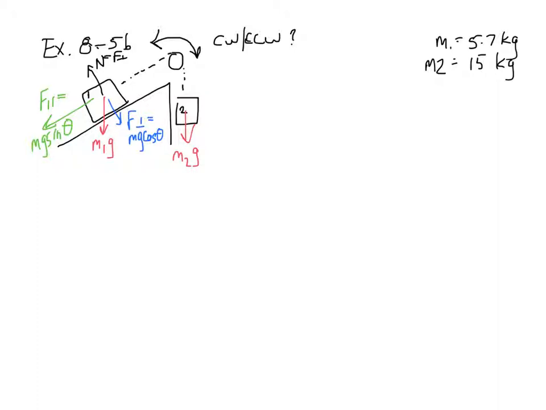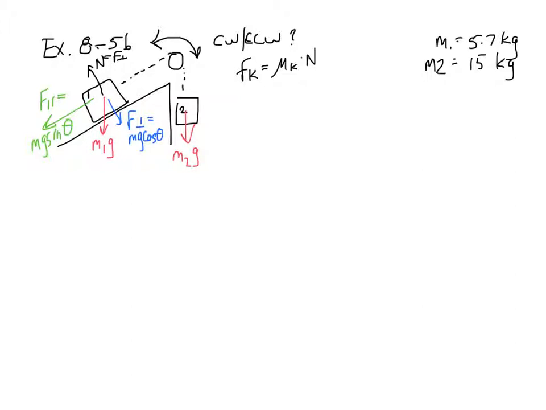Finally, there's going to be a kinetic friction force, which you know is the coefficient of kinetic friction times the normal force, which is really equal to the perpendicular force. The problem is we don't know which way it's going to be acting, because we don't know yet which direction the system is going to go. Is it going to go clockwise? Is it going to go counterclockwise? We don't know.